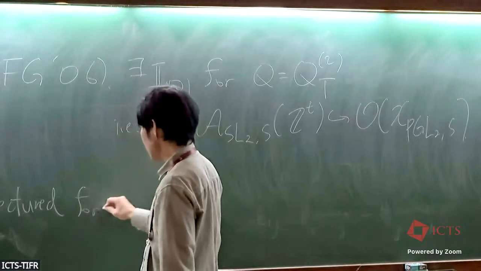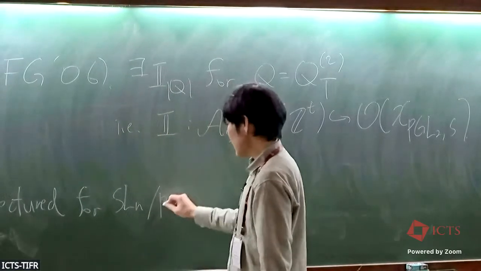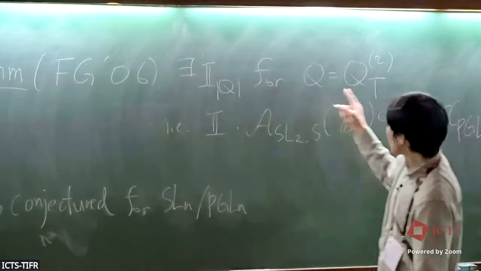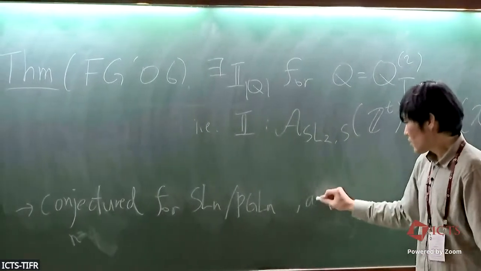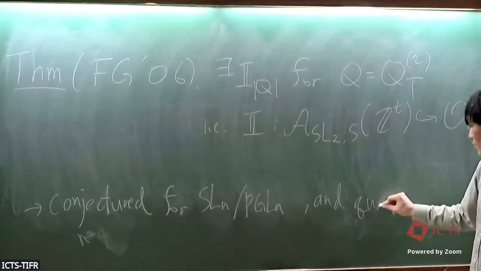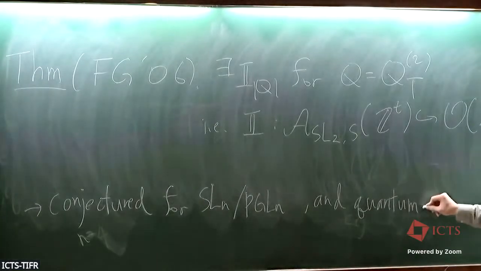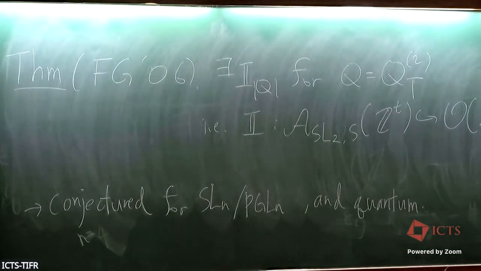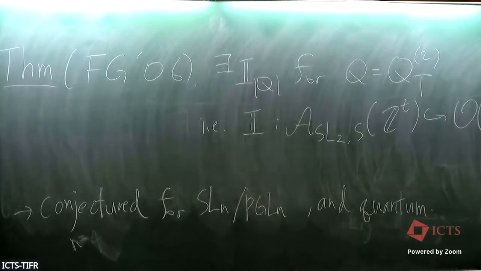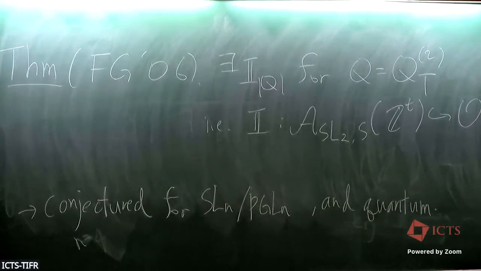So they conjectured for SLN, PGLN, which means QTN, and that also their quantum versions. I have only 1 minute, so let me just write down like 2 lines.